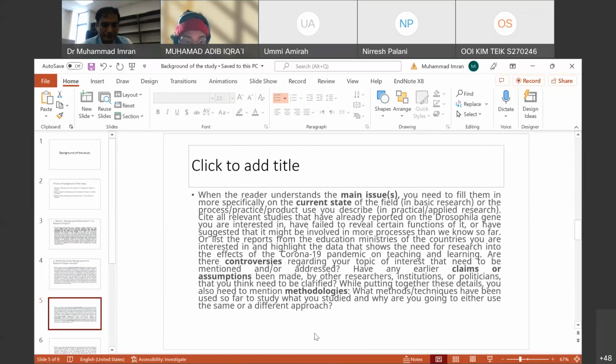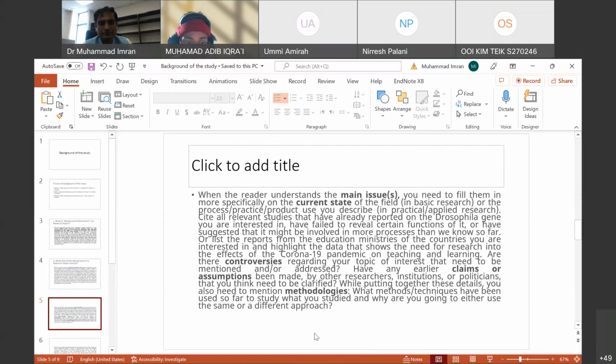When the reader understands the main issues, you need to fill them in more specifically on the current state of the field in basic research, or the process, practice, or product use you describe in applied research.